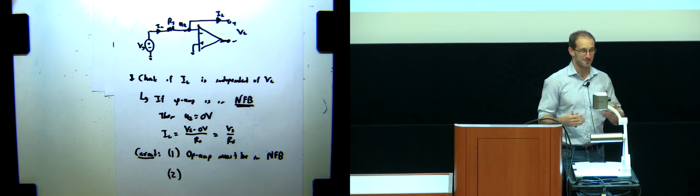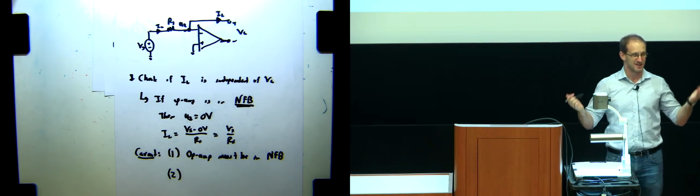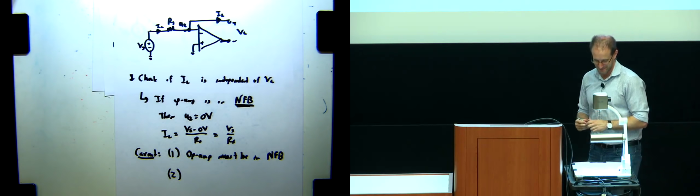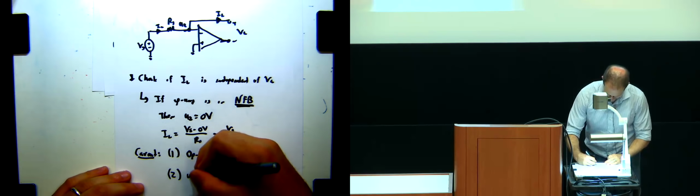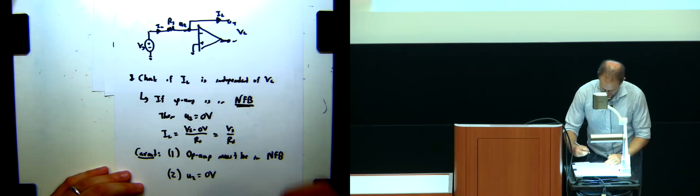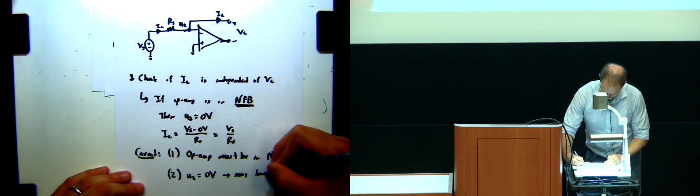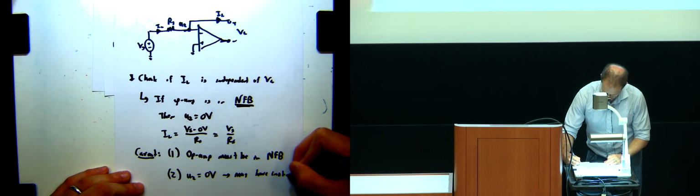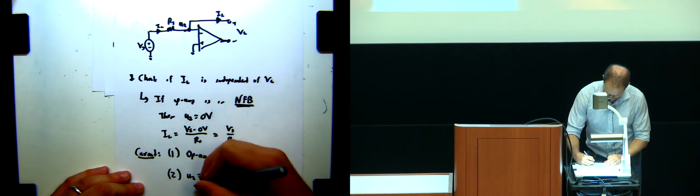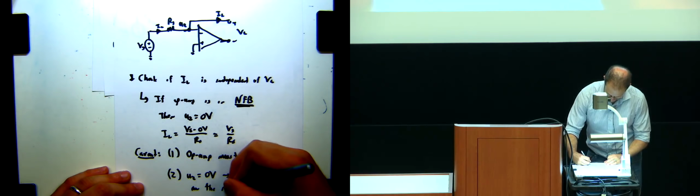Again, we'll see that when we actually connect this whole thing together into the larger touchscreen circuit. So in this case, U2 has to equal 0 volts, which may have implications on the rest of the circuit.